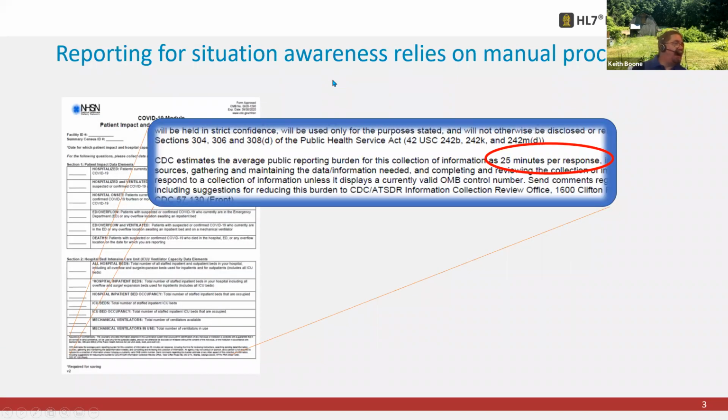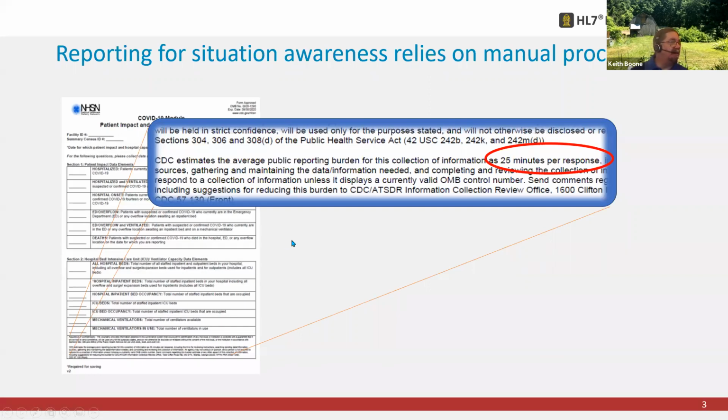If you want to look at the kinds of things that the health systems are being asked to report, here's an example form, which is building off of a manual process. You can imagine somebody being sent into the ICU and actually counting the number of people who are in ICU beds, or somebody creating a list of how many ventilators they have in the hospital, and somebody else saying, well, we've got X number in use.